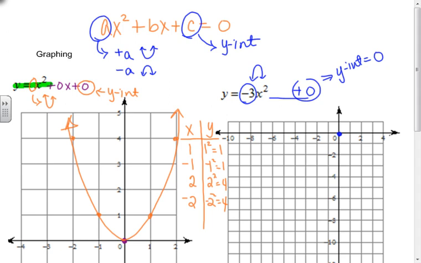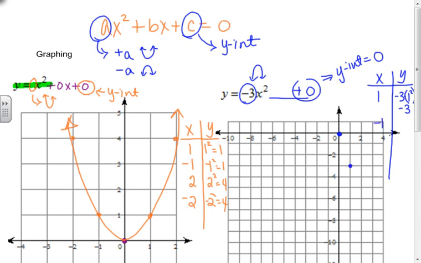And so if I make my t-chart of my x and my y, if I put 1 in, negative 3 times 1 squared is negative 3. Now remember, this squaring is only on the 1. The 3 is going to stay negative. So at 1, I'm at negative 3.